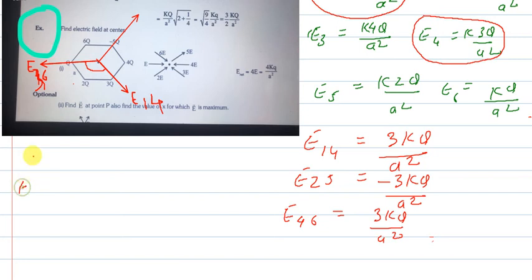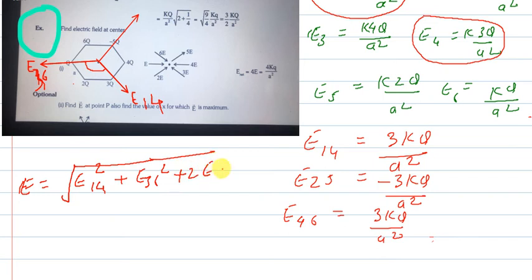E is equal to under root, all the electric fields are of equal magnitude, so I am writing E1 square, which is E14 square plus E36 square plus 2 E14 into E36 into cos 120.